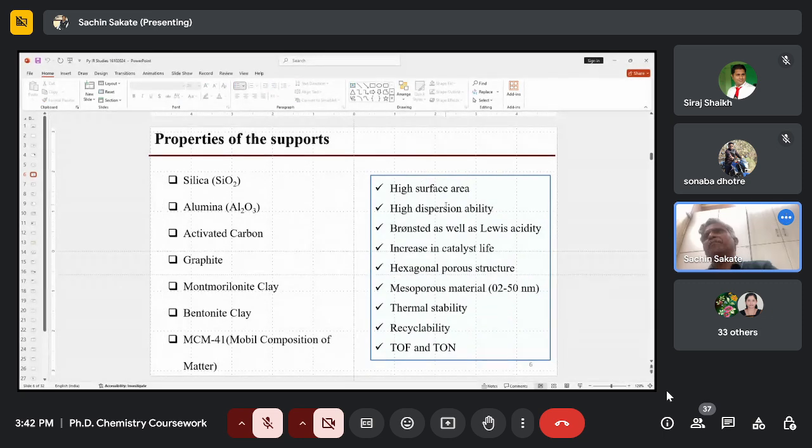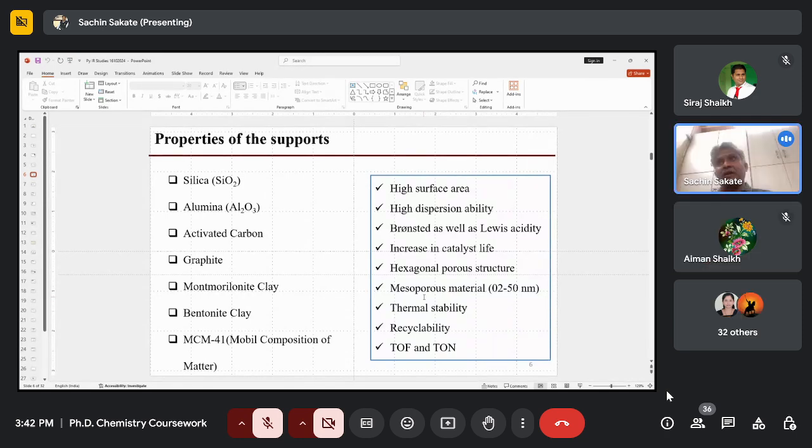Some of the properties: high surface area, high dispersion ability, acidity, catalyst life, tuned textural and microscopic properties of the support are also possible. Thermal stability, recyclability, reusability, TOF and TON. So that's the reason why we are using the supports.